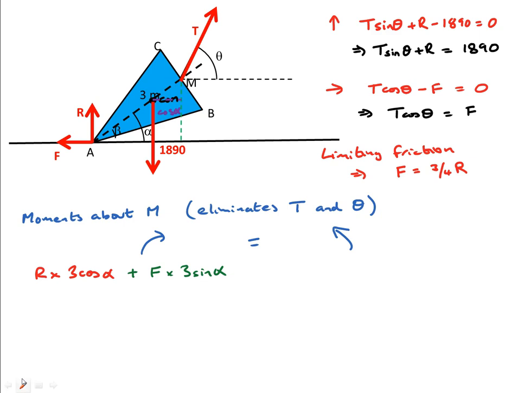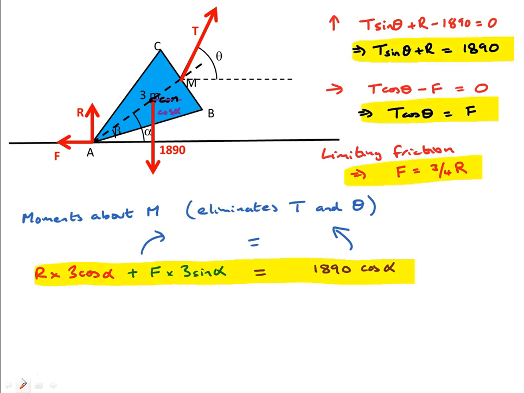So the anti-clockwise moment is 1890 times cos alpha. Now if we take that equation and make use of the earlier equations, we are going to make a lot of progress.